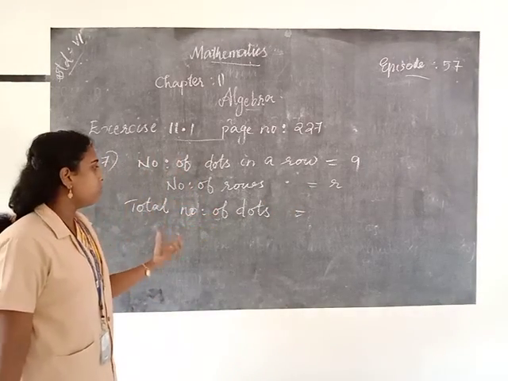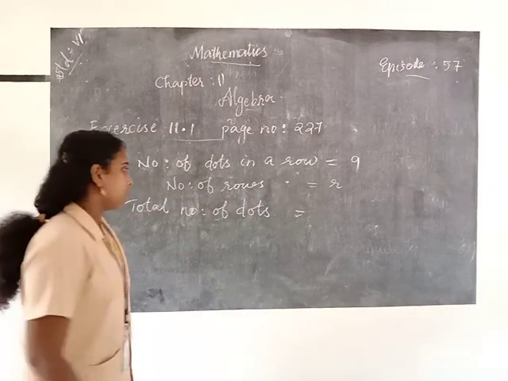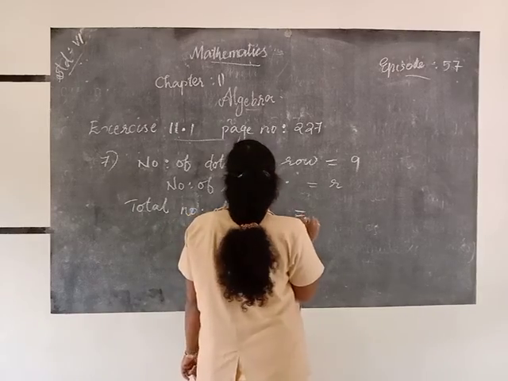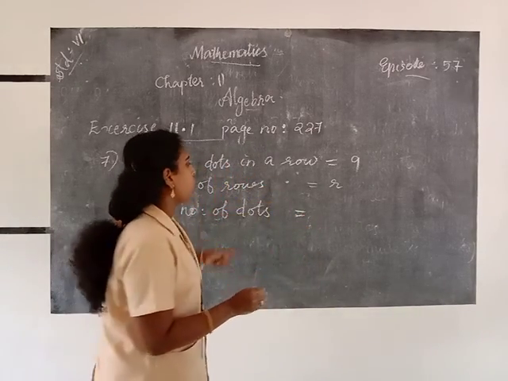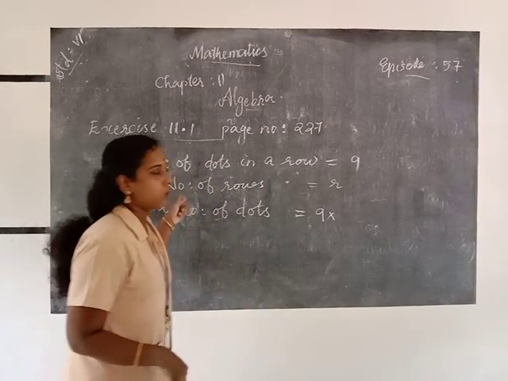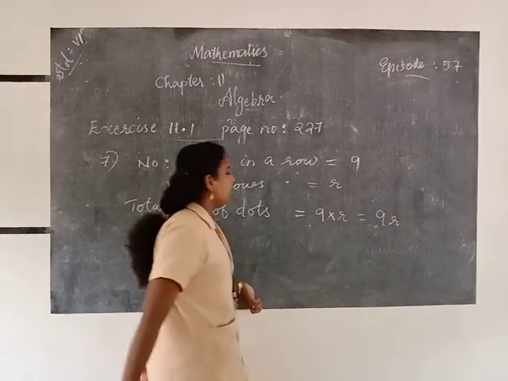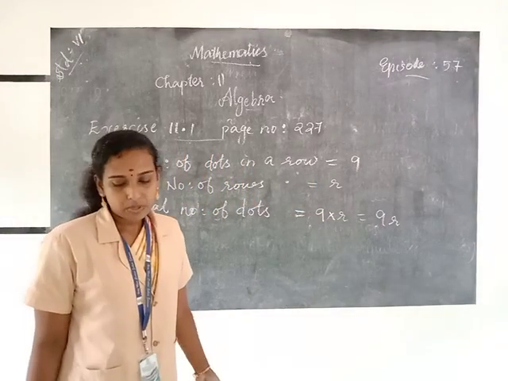Here we want to find the total number of dots in r rows. So the equation is 9 into the number of rows, that is r. So 9r is the total number of dots.